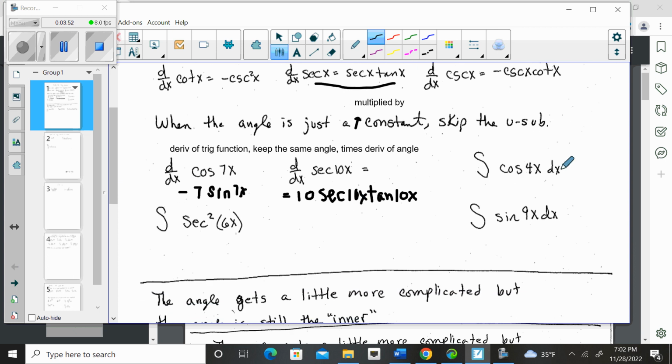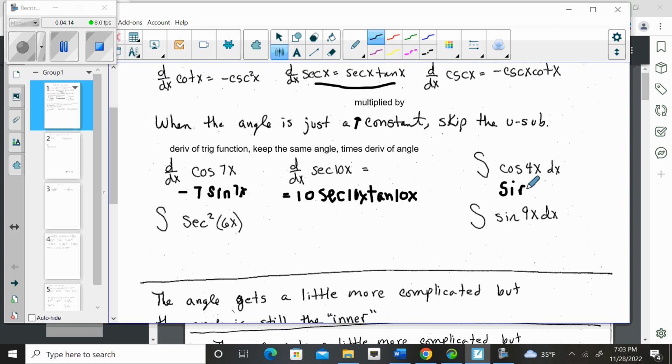Let me do one with you, and then hopefully you can generalize this. Now, this is so confusing because the derivative of cosine is negative sine, right? But then the antiderivative of cosine is positive sine. So for this one, we need positive sine.